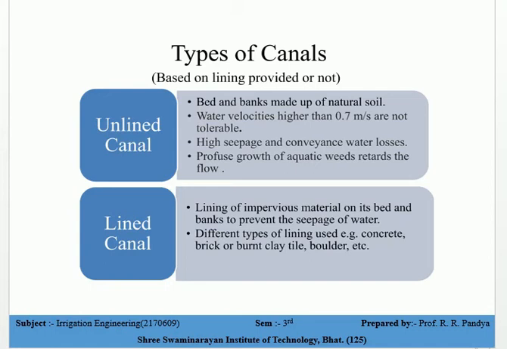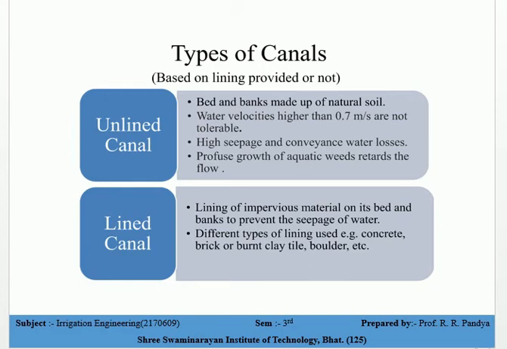A lined canal has a lining of impervious material on its bed and banks to prevent the seepage of water. Different types of lining are used, such as concrete, brick or burnt clay lining, and boulders, etc. So this is the lined canal.